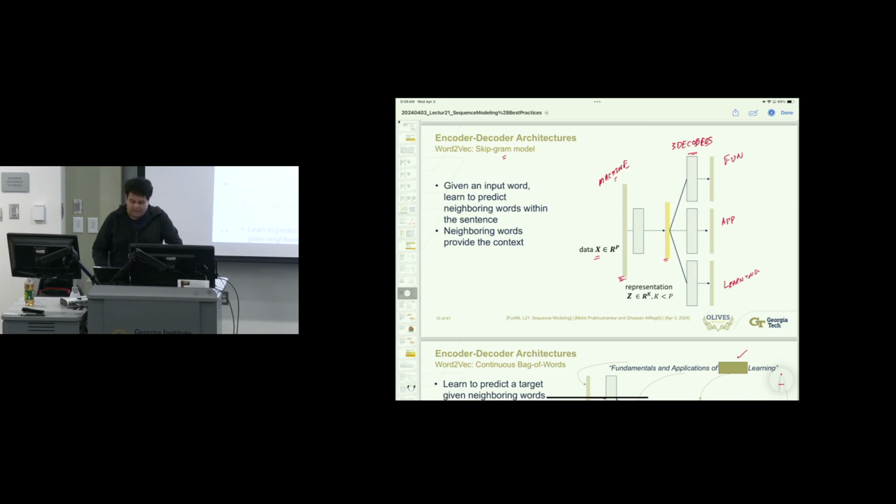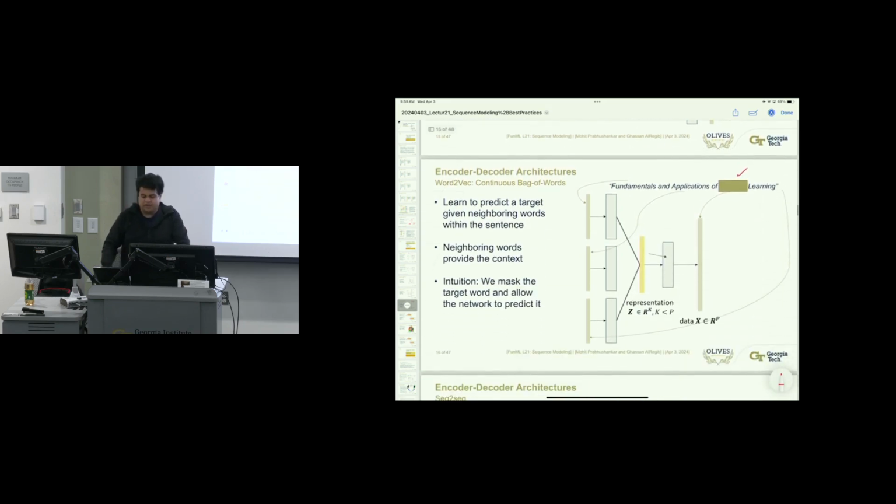The last approach we'll discuss regarding word2vec is the exact opposite. Instead of being given a word and predicting all the neighborhood words, maybe we are given all the neighborhood words and then asked to construct the target word. This makes a little more sense in terms of trying to understand the context.